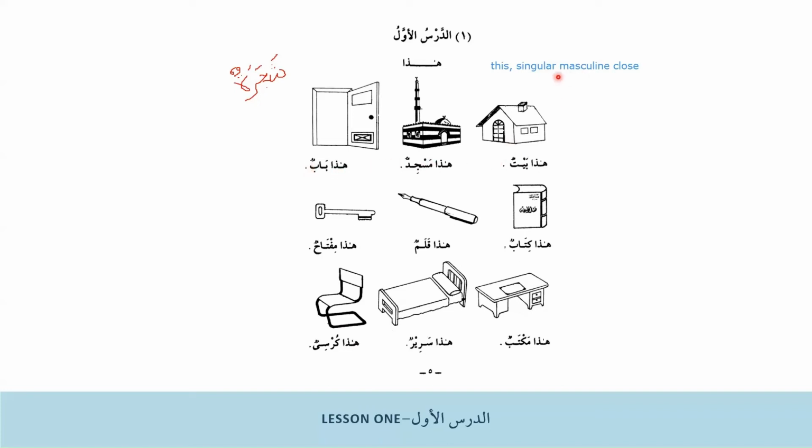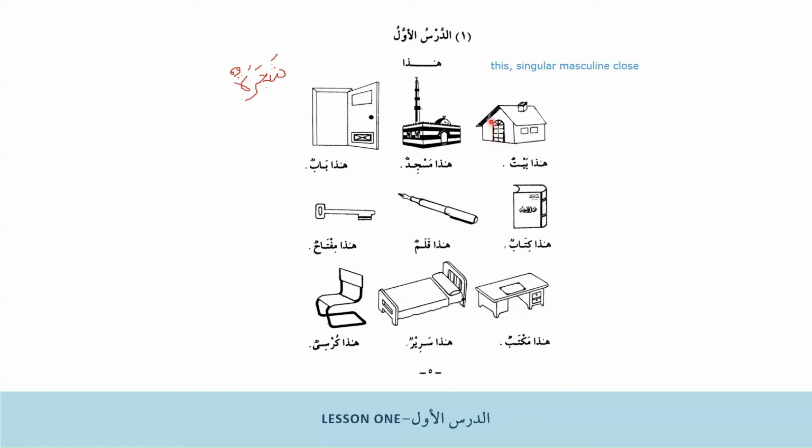Okay. Another thing to remember is we pointed at things which are masculine. So yes, in Arabic words have genders. You have masculine and you have feminine. And how do you determine whether a word is masculine or feminine?